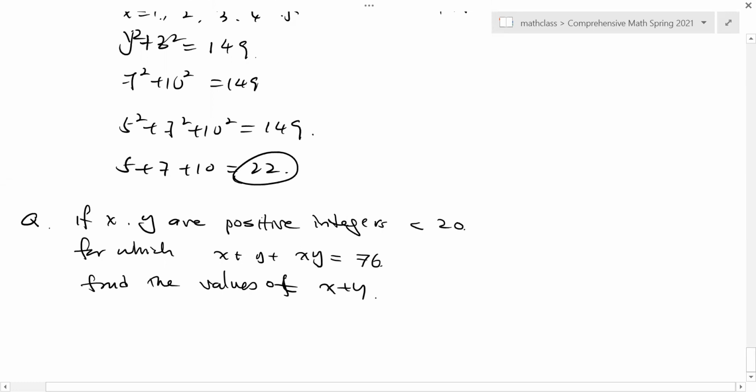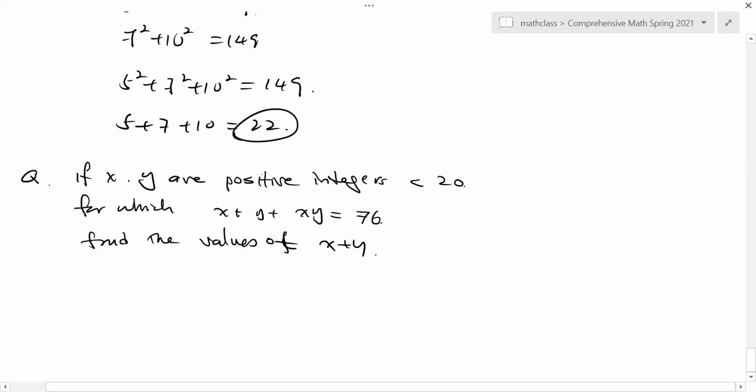Okay. So the equation, yeah, there are a couple of ways to solve this problem. Okay. Remember the method I showed to you.